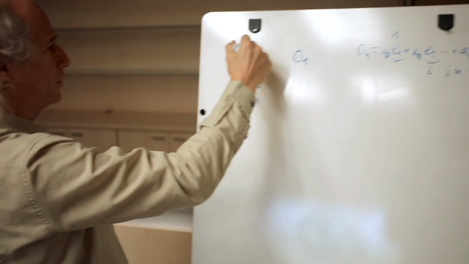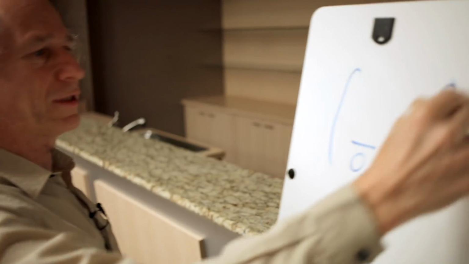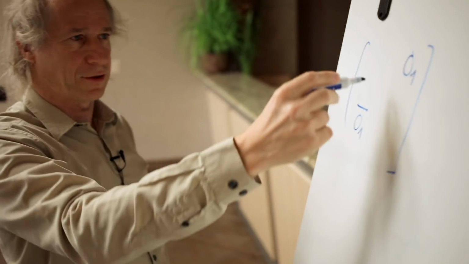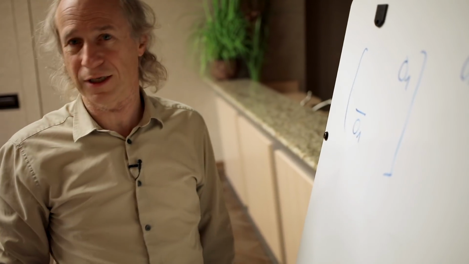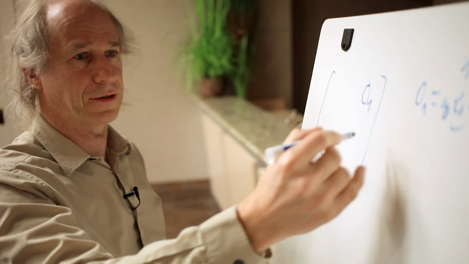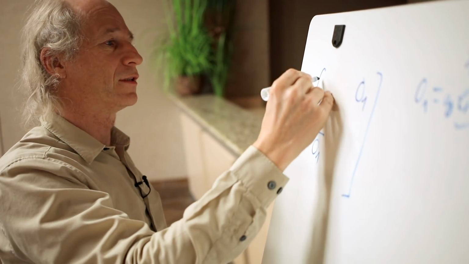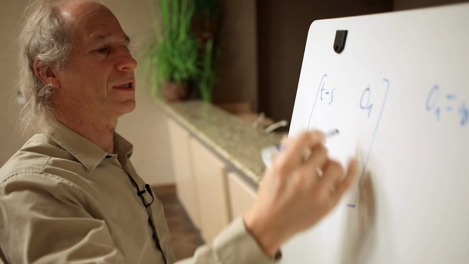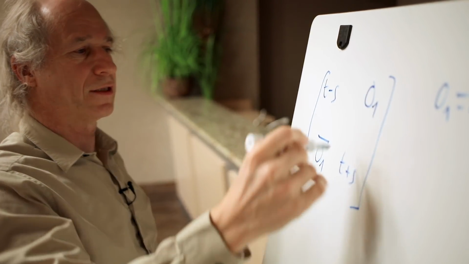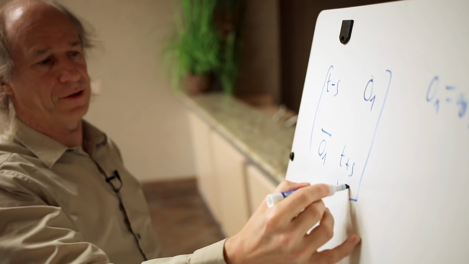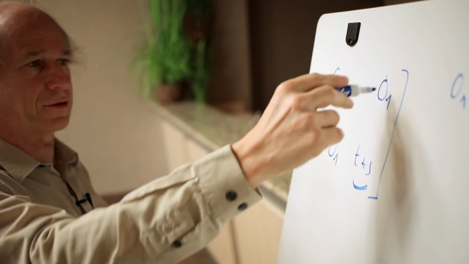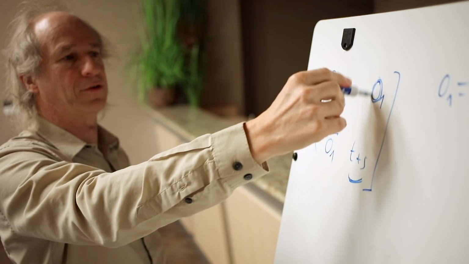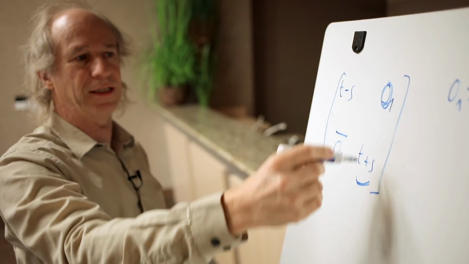So the Jordan matrix will represent the coordinate in a 10-dimensional Minkowski space-time. Here it's t minus s and t plus s. On the diagonal you have a real number, and here you have an octonion. So it's 10-dimensional.